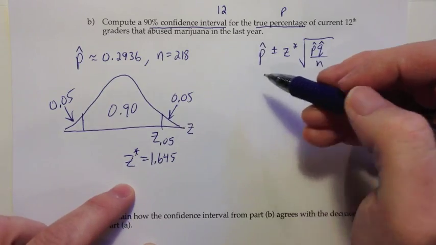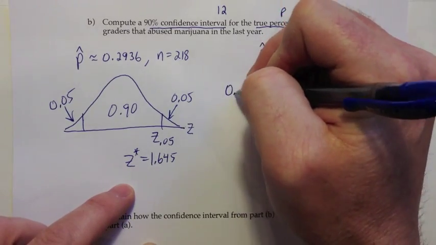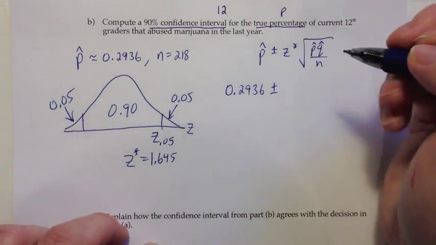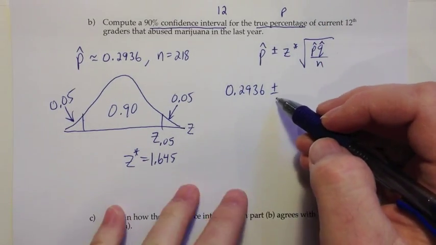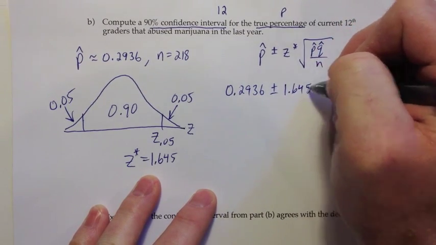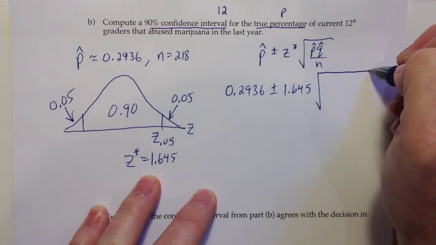So now we have all the pieces we need. We take our p-hat, 0.2936. That's just from a sample, so we know that's not right. We give ourselves some margin for error, and if we want to be 90% confident, then we have to go out 1.645 standard deviations in each direction.